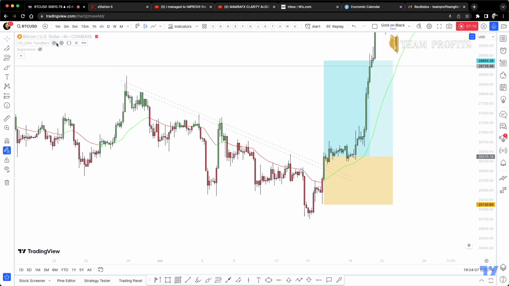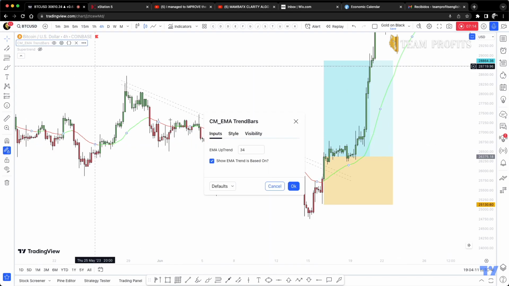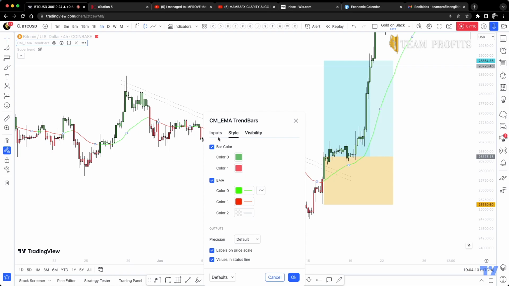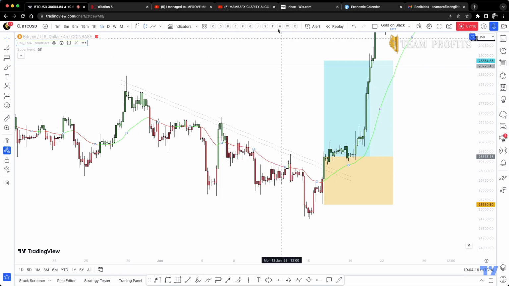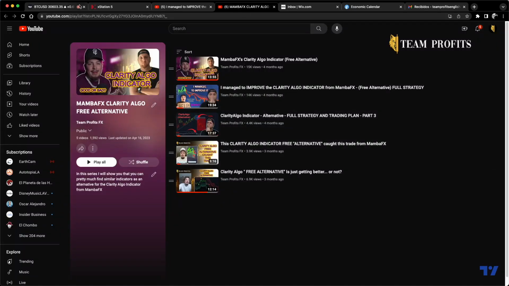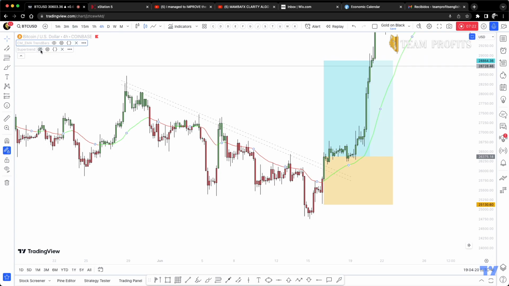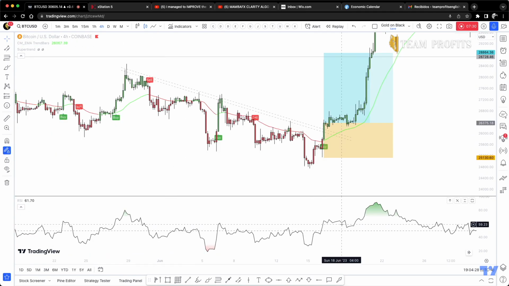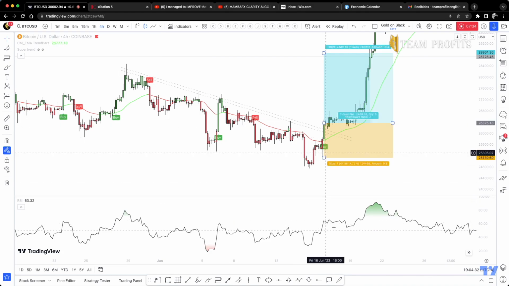So first indicator, of course, it's this one right there. The settings, I'm not going to show right now because I believe I already explained that on the previous video, so you can check them out. I don't want to make this video too long. And now we're using the super trend, this one in particular that I just gave you the settings for, and of course the RSI if you want to make it even better. Just make sure that the three indicators are giving you the buy.